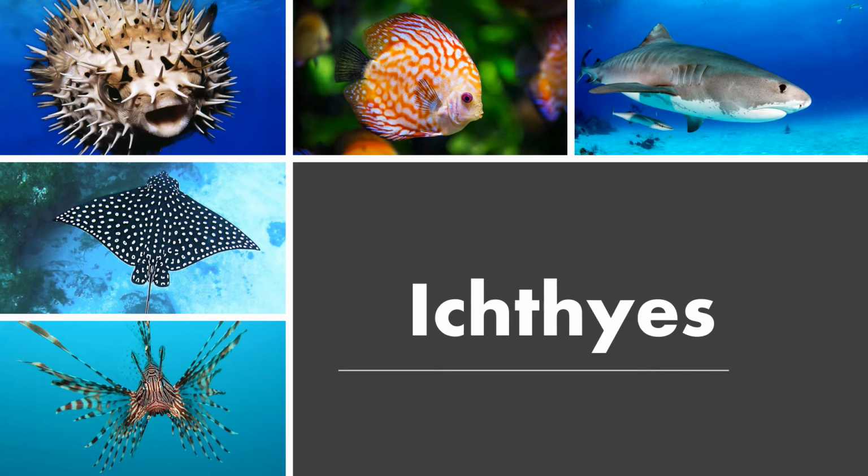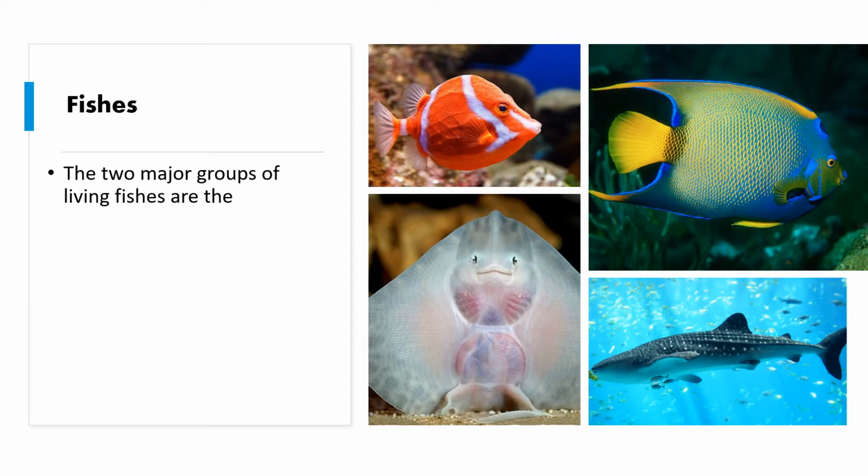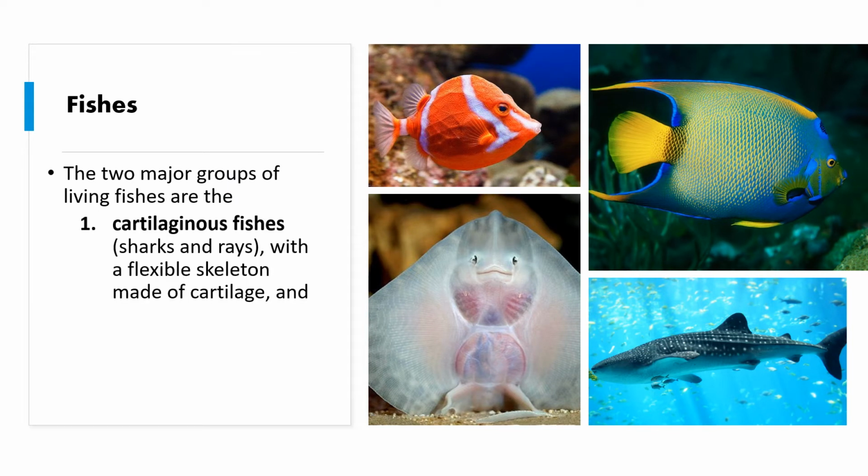I just want you to become familiar with this term, so that if it's a cartilaginous fish, or chondrichthyes, or osteichthyes, you'll be able to understand what that is. There are two major groups of the living fish. The cartilaginous fish, those chondrichthyes, include things like sharks and rays, and they have a skeleton composed of cartilage.